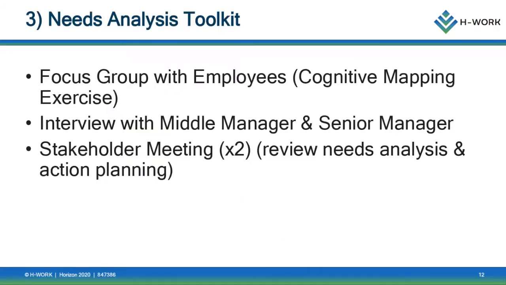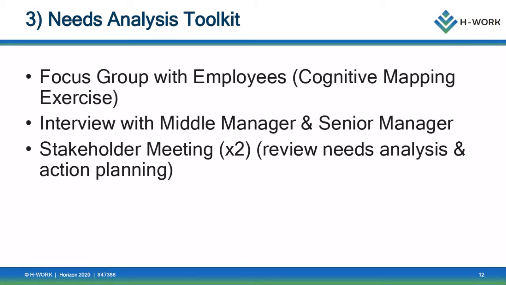So the needs analysis toolkit, then, what we've got is three main phases really. The first one is focusing on employees, looking at the demands and resources that they're facing and the particular needs that they have. So this is done in a focus group with employees.